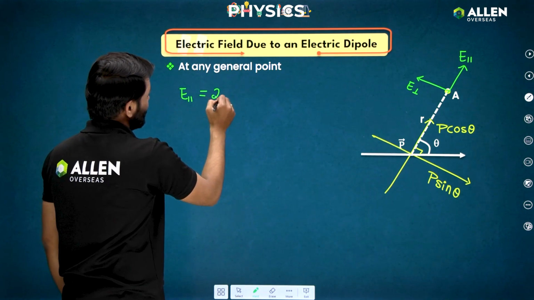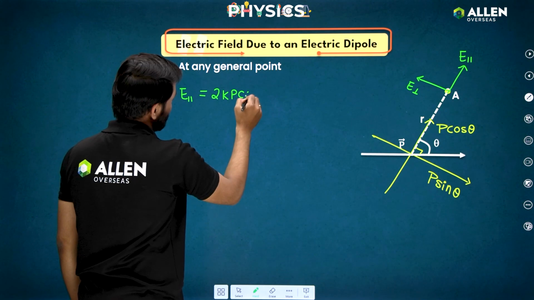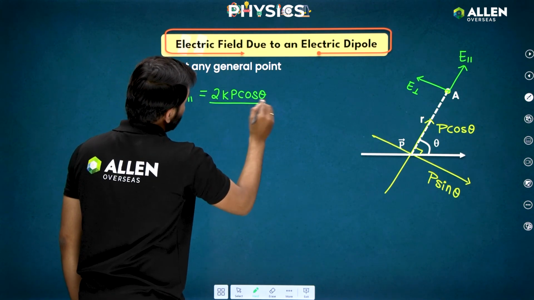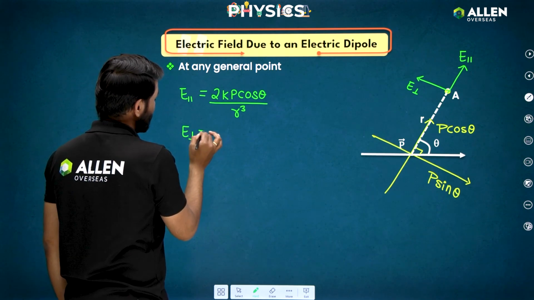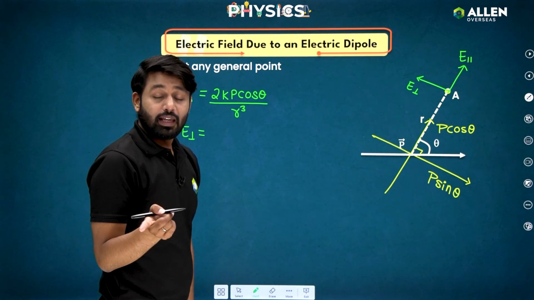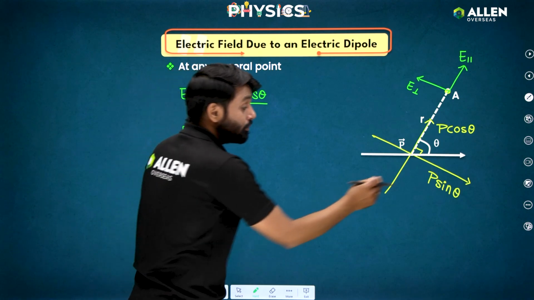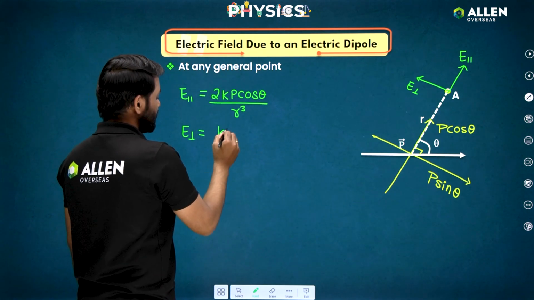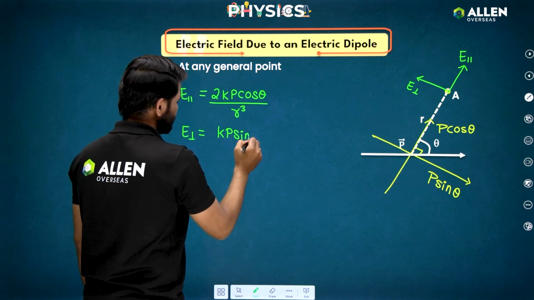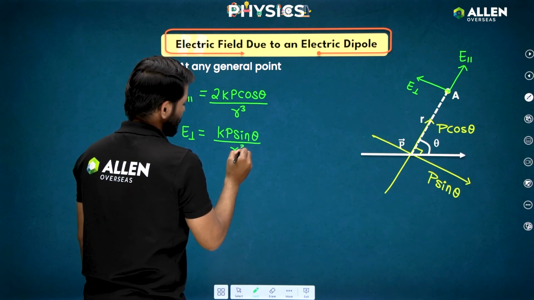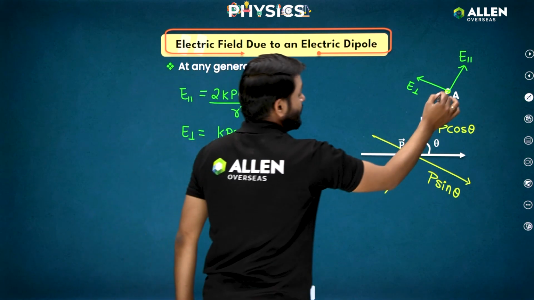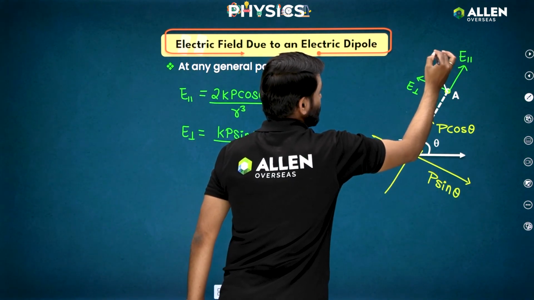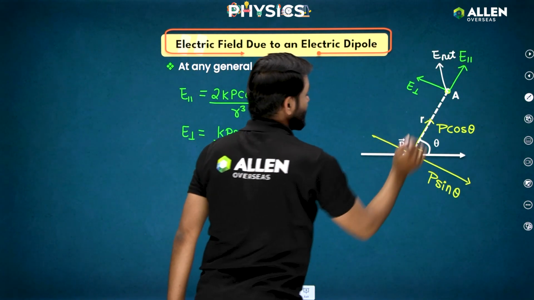So it's 2 kp cos theta divided by r cube. Similarly, for perpendicular component, it's kp upon r cube. P is now p sin theta. So kp sin theta upon r cube. And they both are perpendicular to each other. If you find net, so net somewhere here, okay? So this is the net in the general case, right?